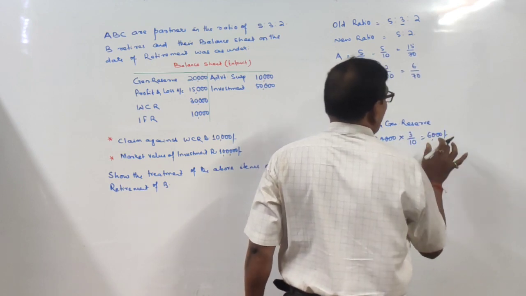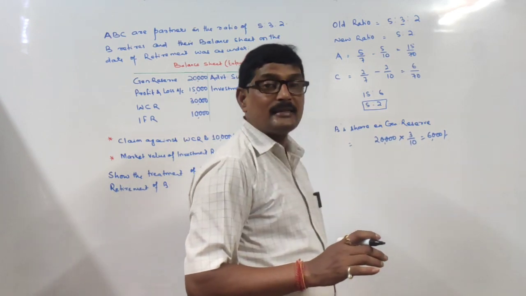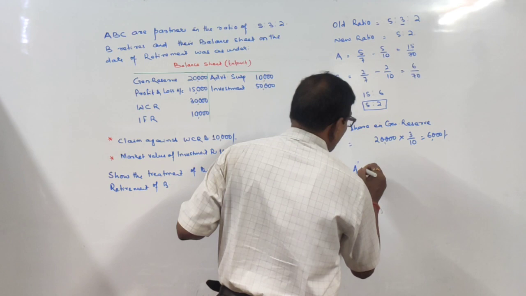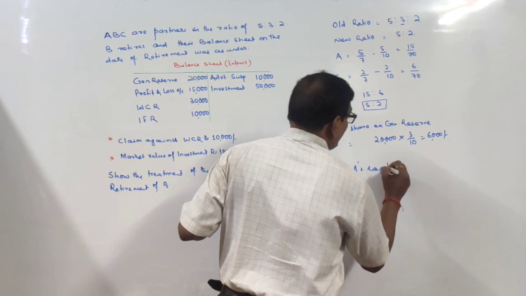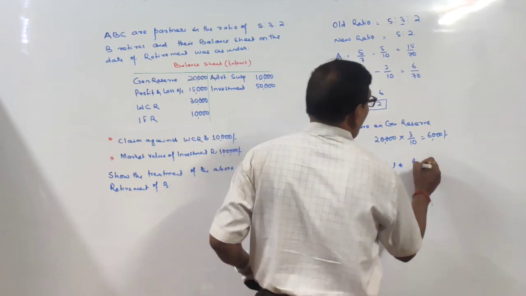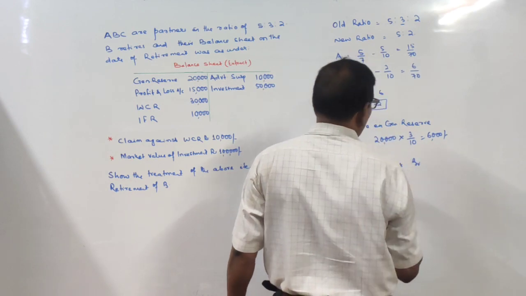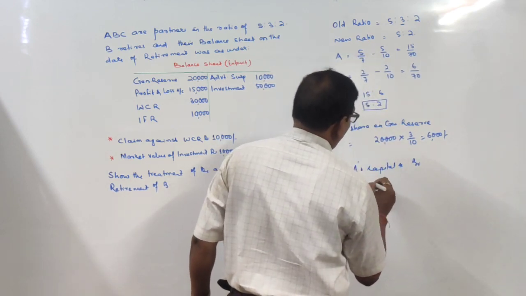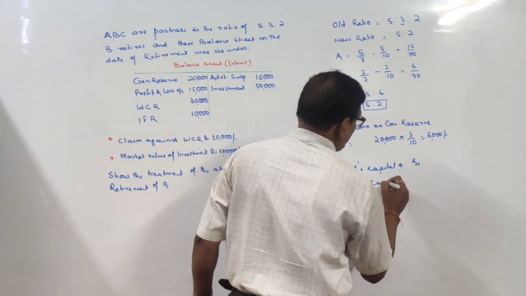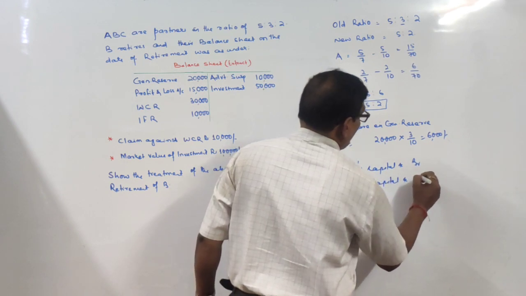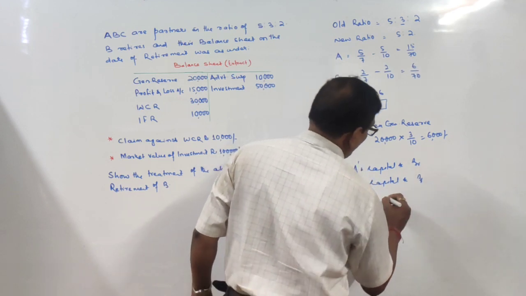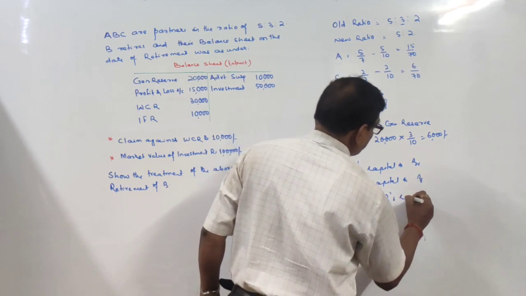Now this 6,000 rupees will be compensated by A and C in the ratio 5:2, and the entry will be A's capital account debited, that is 6,000 into 5/7, C's capital account debited, to B's capital account.